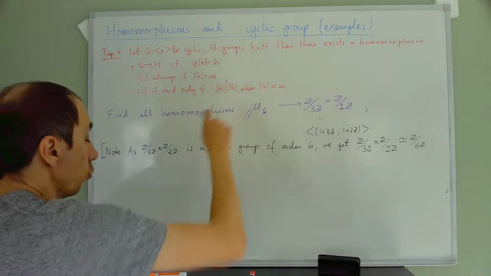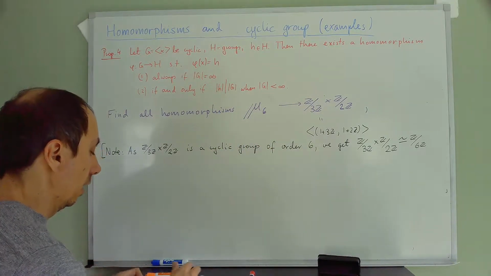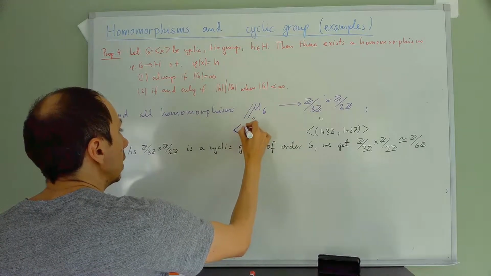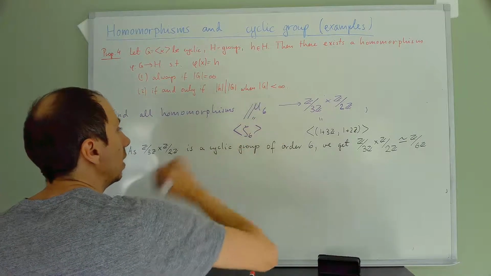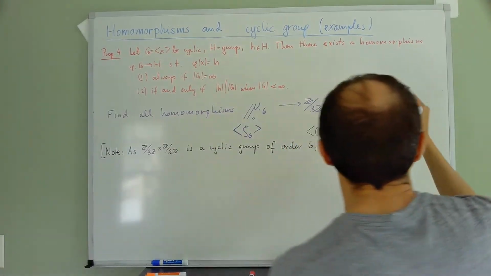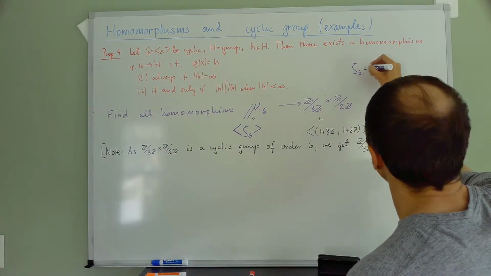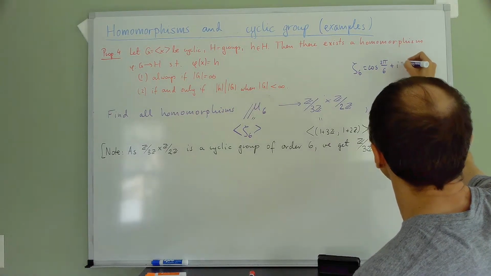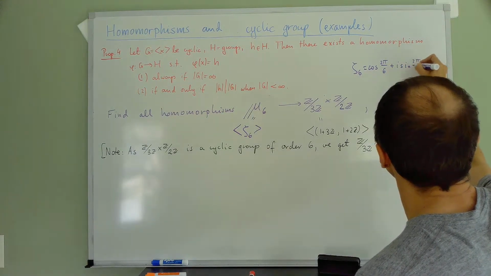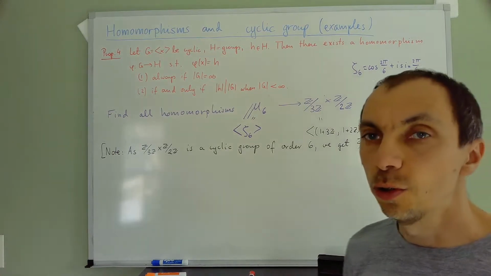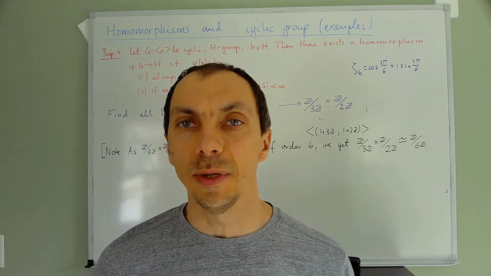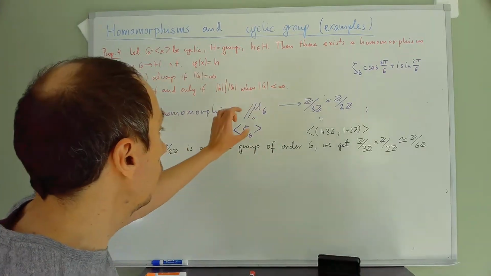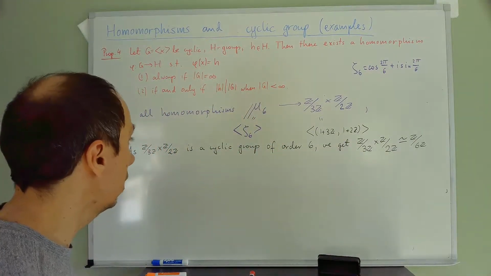What do we know about this group? Is that group maybe cyclic? Yes, it's generated by zeta 6, where zeta 6 is cosine 2 pi over 6 plus i sine 2 pi over 6. So it's also a cyclic group. And how many elements does it have? Also 6. So this group is also isomorphic to Z mod 6Z.